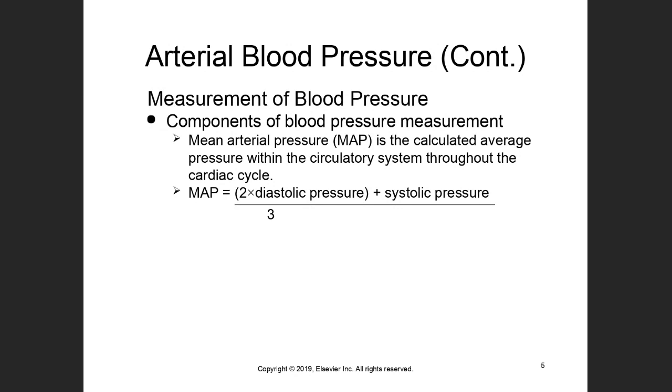Because in the heart cycle, you divide it like this in 3, and 2/3 is diastole and 1/3 is systole, and all together is the mean arterial blood pressure.